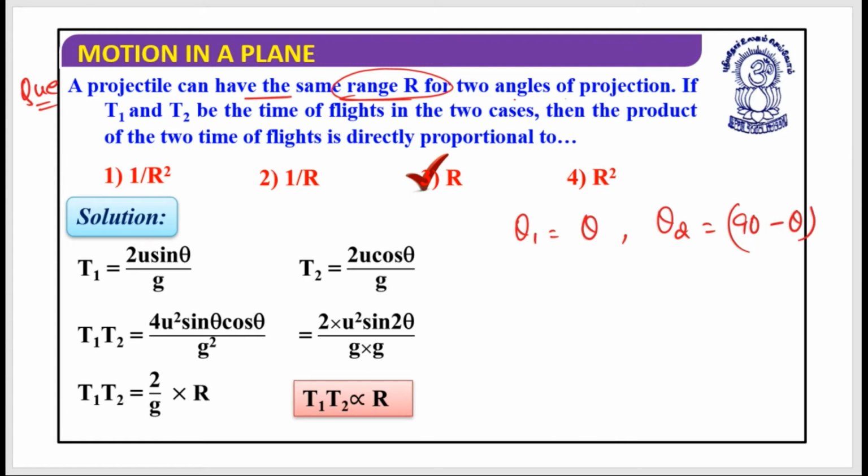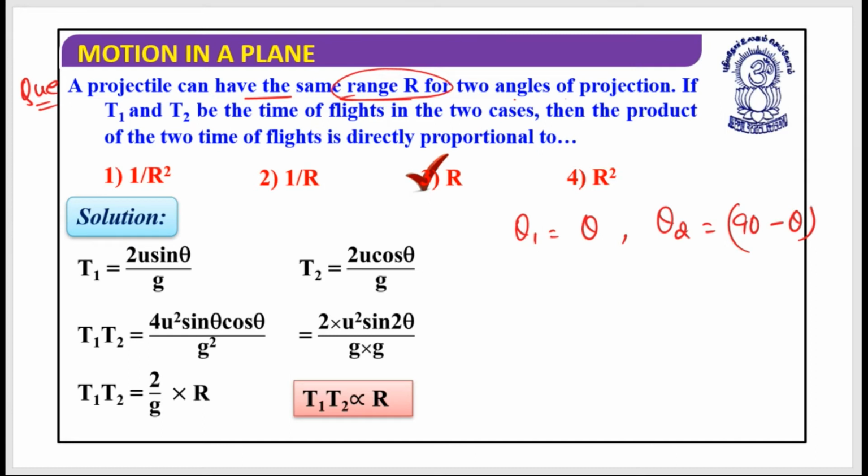If t1 and t2 are the times of flight in these two cases, then the product of the two times of flight is directly proportional to what? This is the same question that we did in our sessions on projectile motion. If you are not aware of this, please go through that lecture.